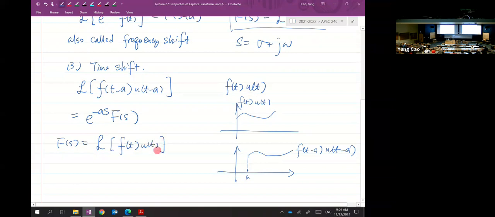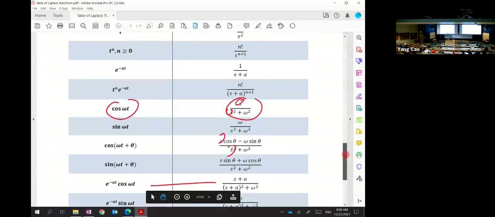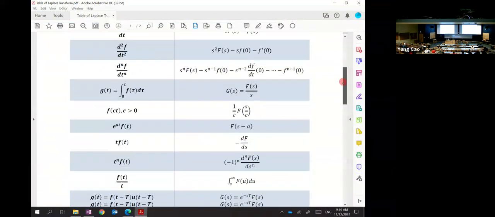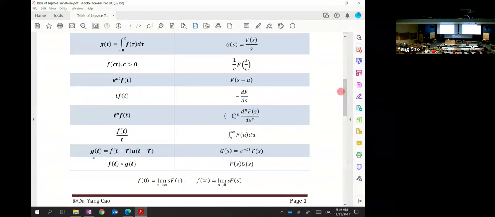If you know f of t is a unit step function, then you don't need to keep the u of t here. So this is your function f. I think we have this property listed in the table over here. So that property is right here. And that's what time shifting is.